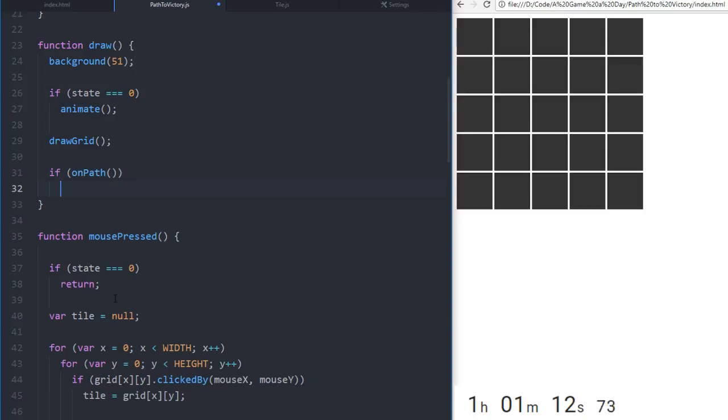If on path, then we continue. If not on path, end game.